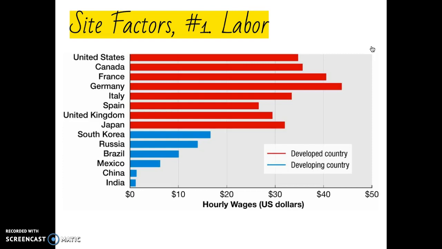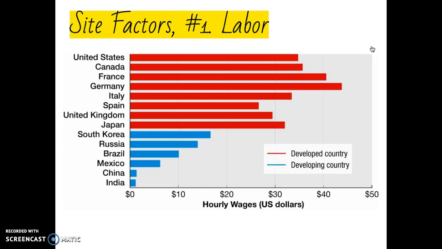So I'm going to talk about labor first. So this is usually the most important site factor. Minimizing labor costs is important to many industries, and the variation of labor costs around the world is huge. So if you look at this chart here, you can see in the developed world, the average wage paid to a manufacturing worker is around $30 to $45.